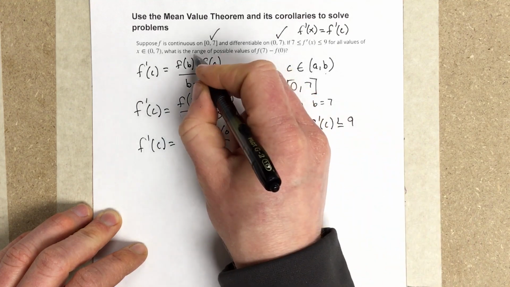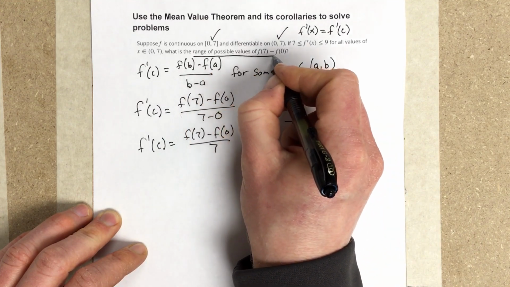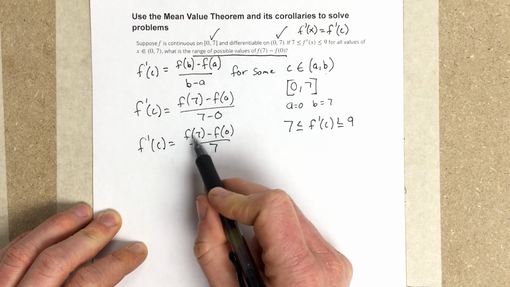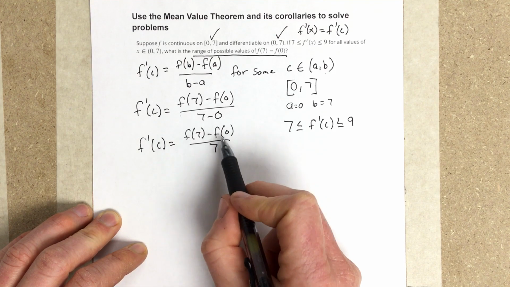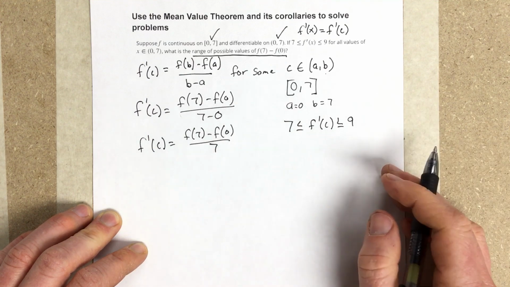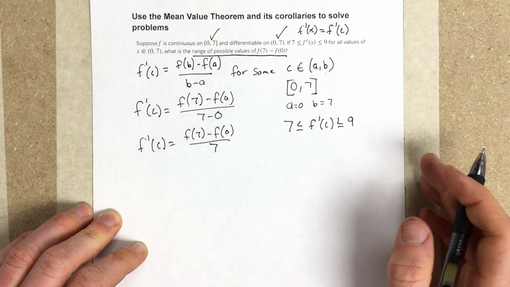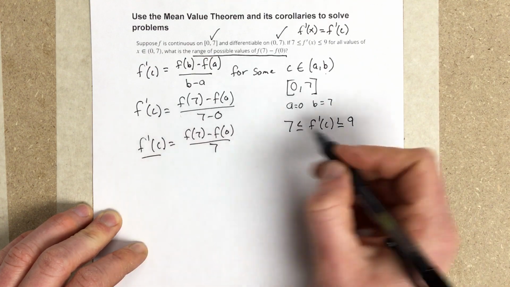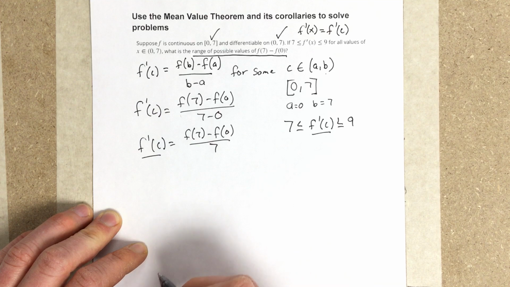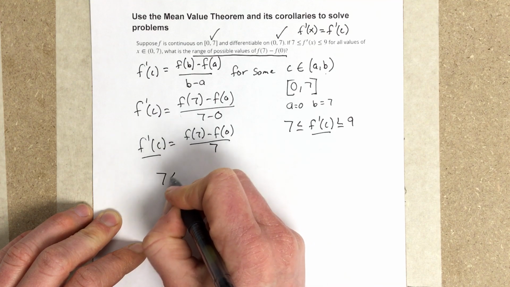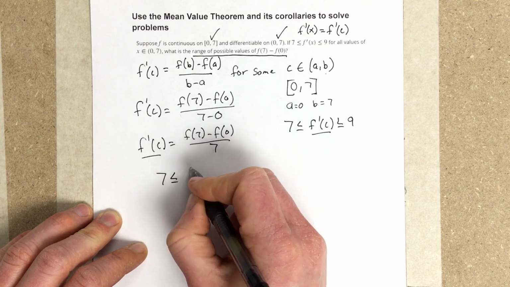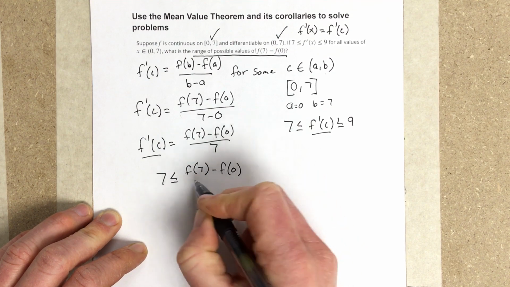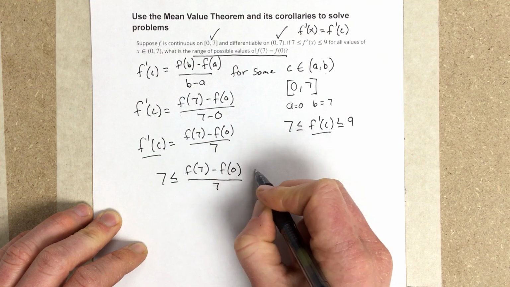Now remember, I'm trying to find the range of possible values of f of 7 minus f of 0. So I'm really looking to get f of 7 minus f of 0 greater than or equal to, or less than or equal to, some number. Well, notice I have f prime of c here and here. So I can use a substitution and say that 7 is going to be less than or equal to f of 7 minus f of 0 all over 7, less than or equal to 9.